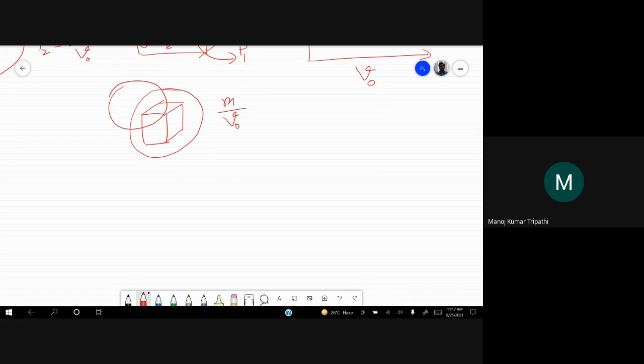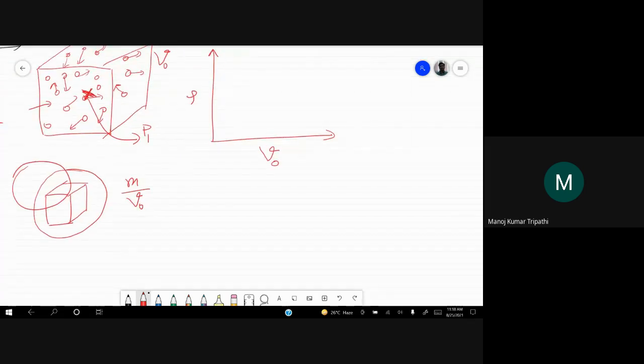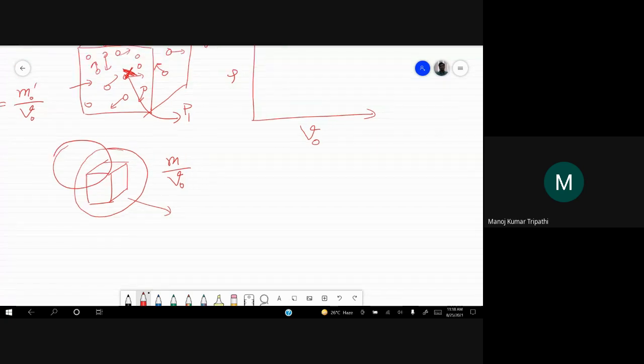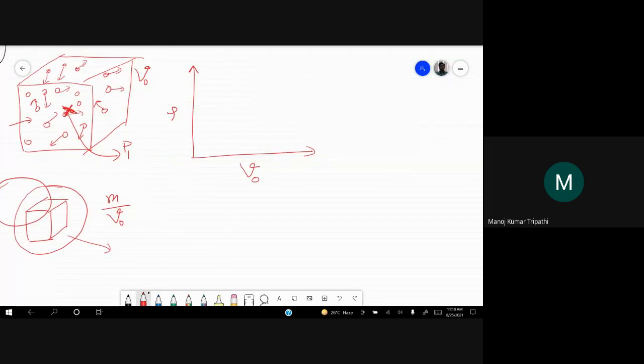And if you still decrease this V0, your density will keep on increasing, when that molecule coincides with this volume V0. But at some other time, this molecule will not be here, it will go away. Suddenly the density will drop to 0 because mass dropped to 0. We are not plotting with respect to time here, we are just plotting density versus V0.